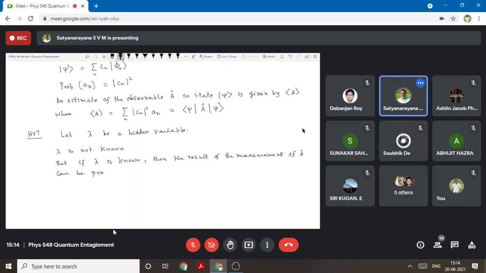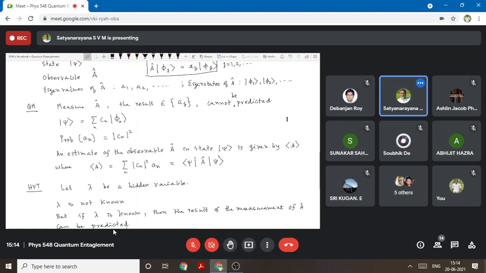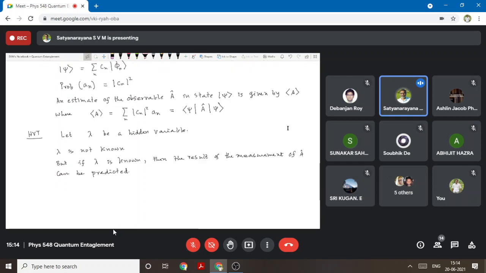Please see that difference. Here we said the result cannot be predicted in quantum mechanics. Here we don't know lambda, but if lambda is known, then the result of the measurement of A can be predicted.